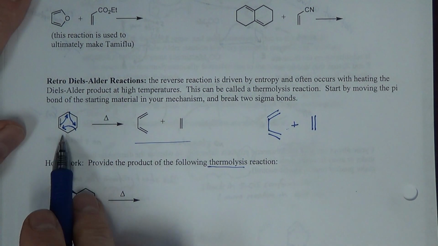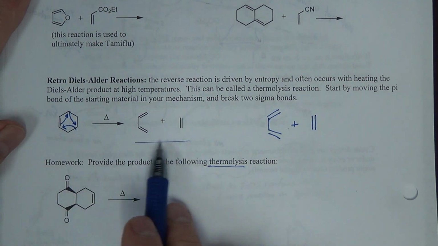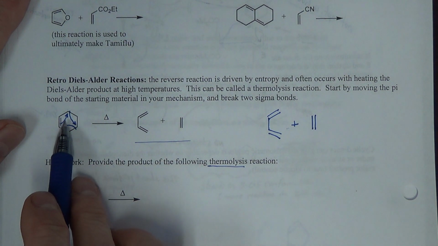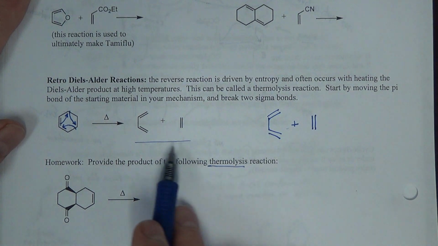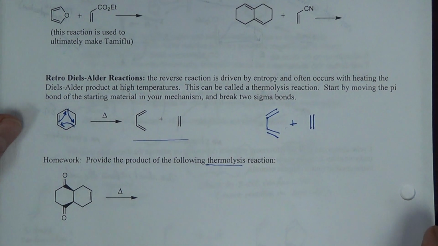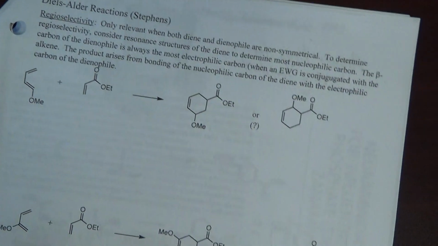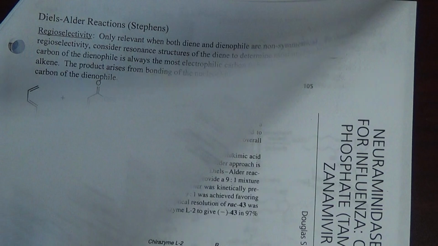Can a cyclohexene break apart back to the Diels-Alder starting materials? Yes, that's what we're saying here. Thinking about it mechanistically, I would recommend starting with the pi bond. Okay, give it a try. Okay, we'll end there with this handout.